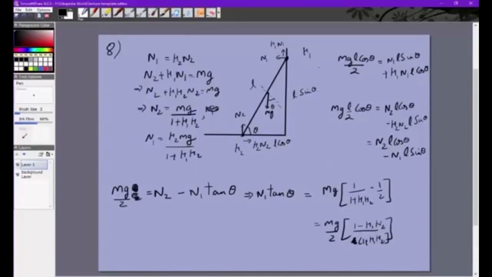First of all, we can just see from intuition that mu2 cannot be 0. If mu2 is 0, then there is no way that this will stay in equilibrium, because this side will have to slip. A more rigorous way of looking at that would be, if mu2 is 0, then N1 will be 0. If N1 is 0, then mu1 N1 is 0, which means about this point, the only torque acting will be that of Mg.